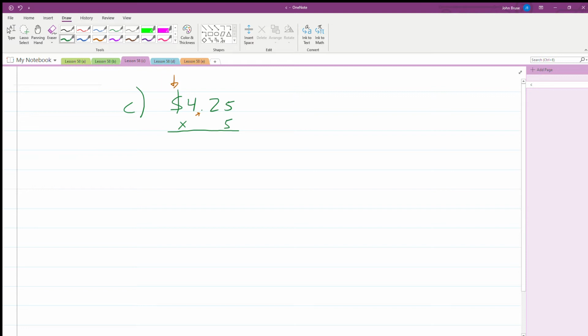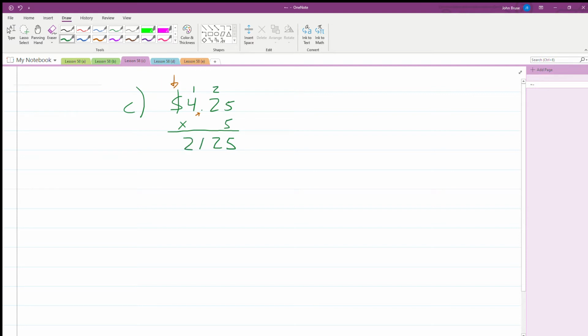So we're going to start with 5 times 5, and that is 25. We carry our 2. Then we do 5 times 2 is 10, and we add 2 more. That's 12. We carry our 1. Then we do 5 times 4 is 20, plus 1 is 21.